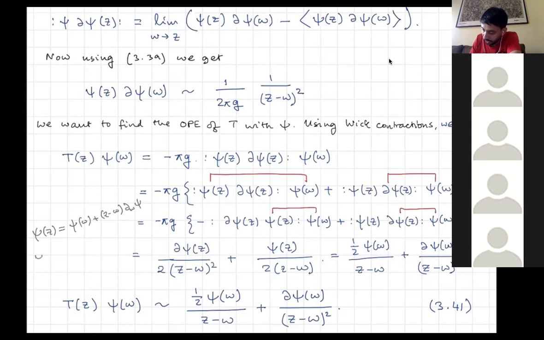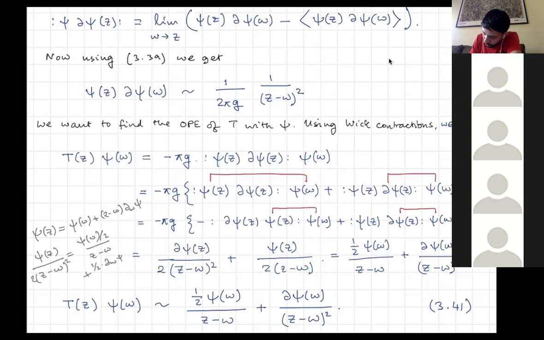So what you're going to get is psi of z by (z minus omega) squared is equal to psi of omega by (z minus omega) squared, plus a half into del omega of psi by z minus omega.